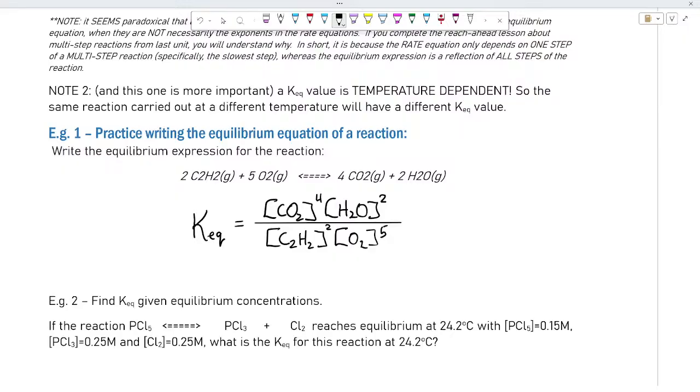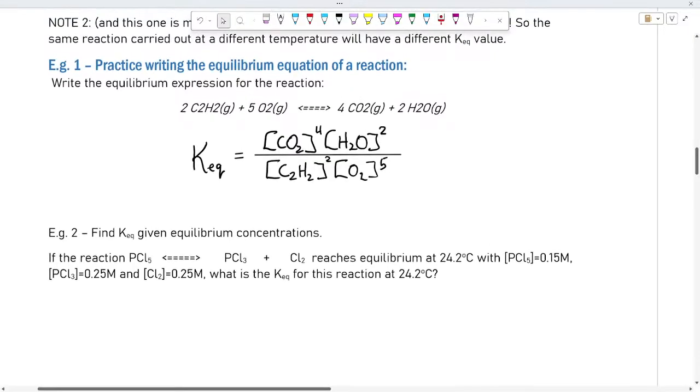Looks good. Okay, now the thing is this.